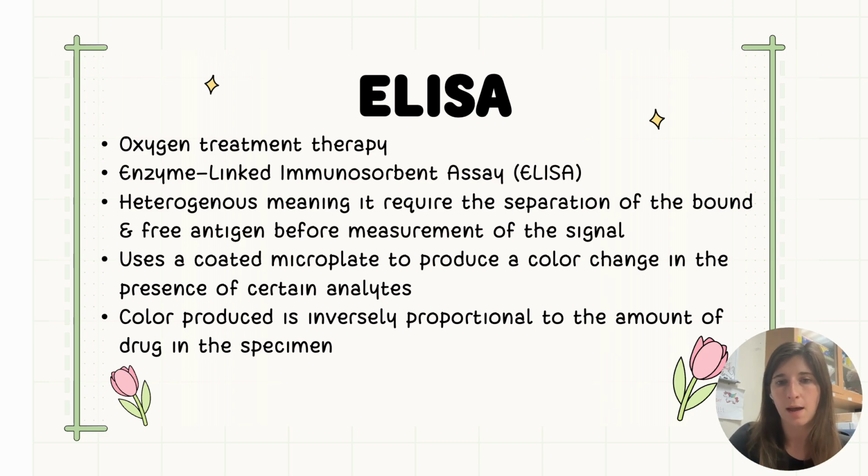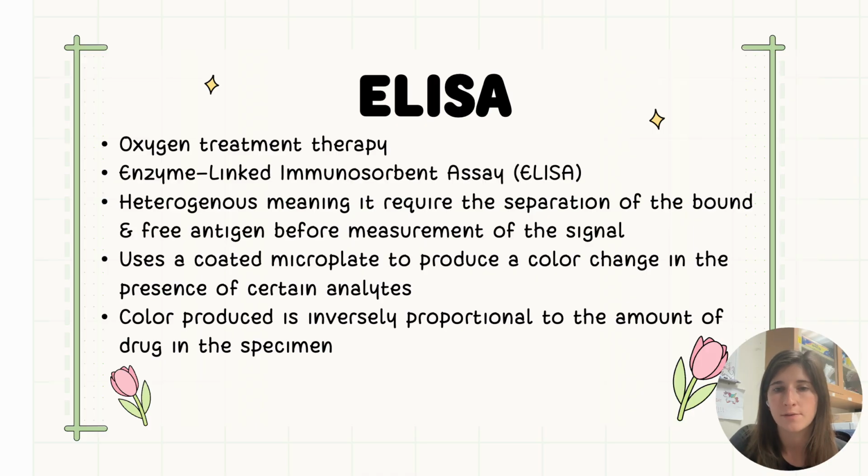But pretty much what is going to happen in ELISA assay is you're going to take a 96 well microplate that is going to be pre-treated with the antibody. You're going to load a sample of your unknown, about 10 to 50 microliters, into the microplate, followed by a buffered solution, which is going to contain a fixed amount of drug labeled with the enzyme.